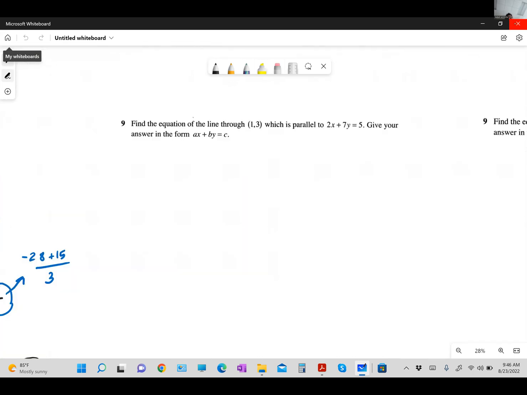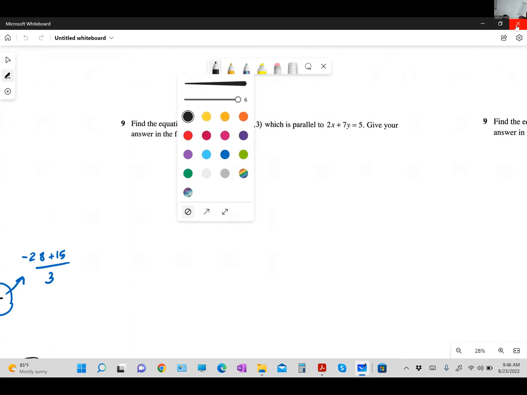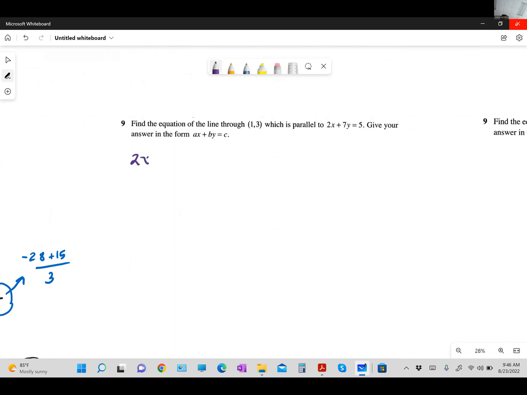We want an equation of the line that goes through (1, 3) but is parallel to 2x + 7y = 5. So talk to me. What's the first thing you would do? Yes. And why do we want to turn it into slope-intercept form?